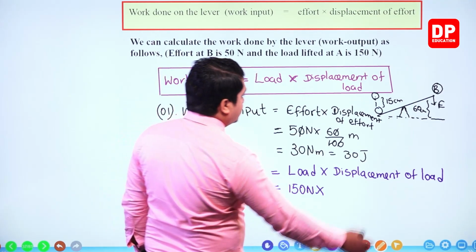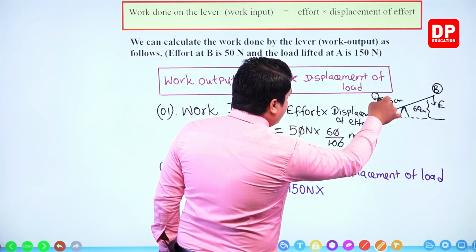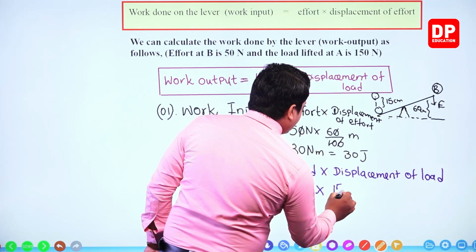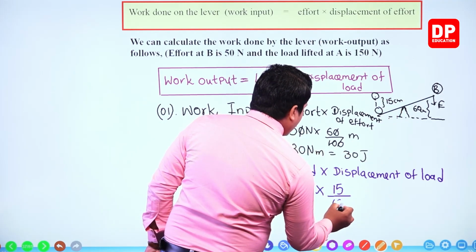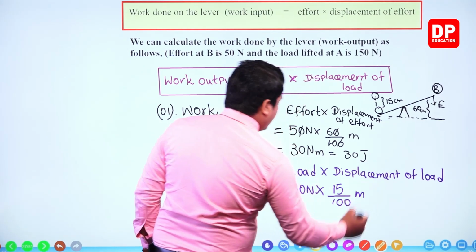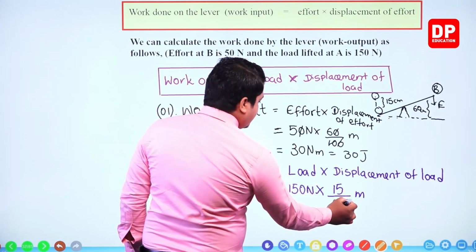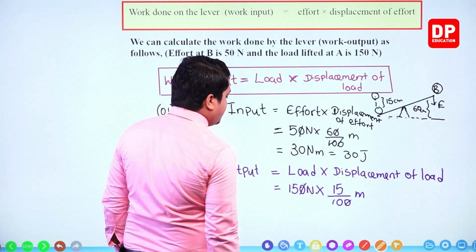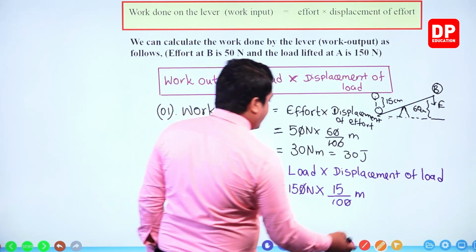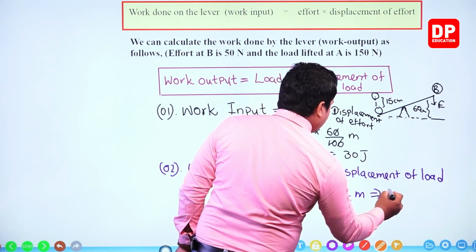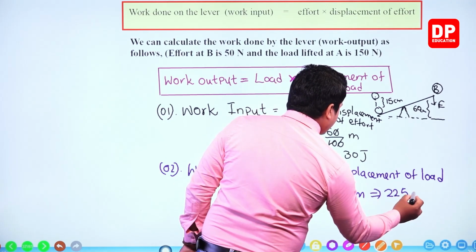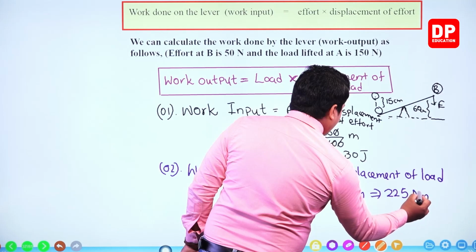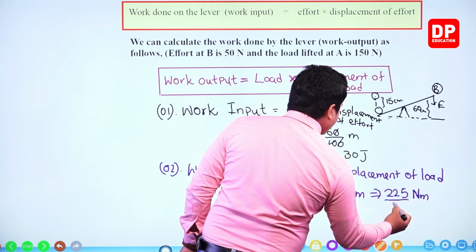Displacement of the load, it has moved 15 centimeters, so 15 over 100 in meters. Okay, remember 0 to 0 is getting cancelled first. 15 times 15 is equal to 225. Newton meters is the unit, division 10.